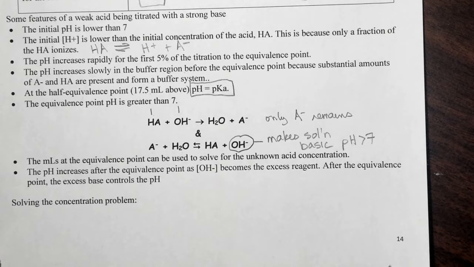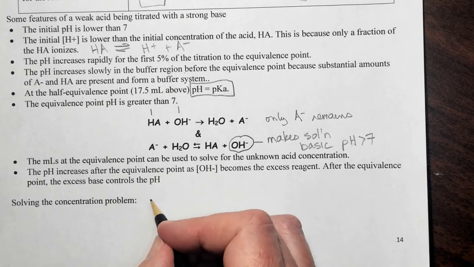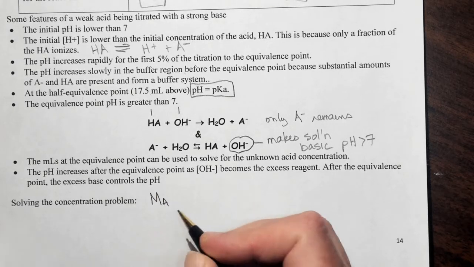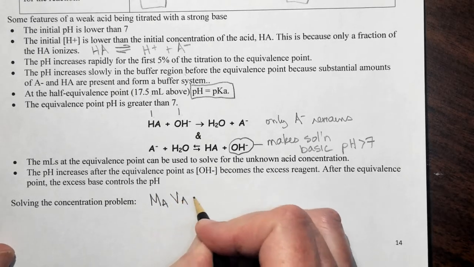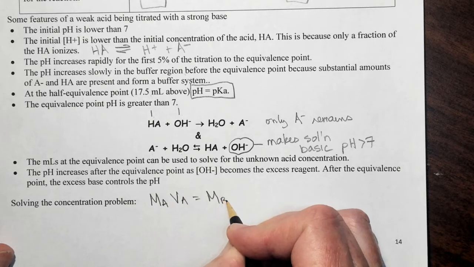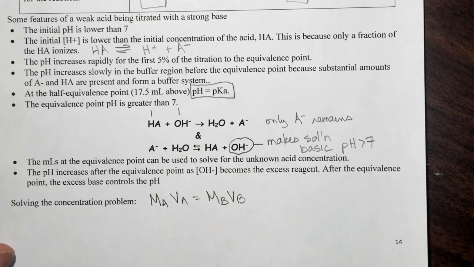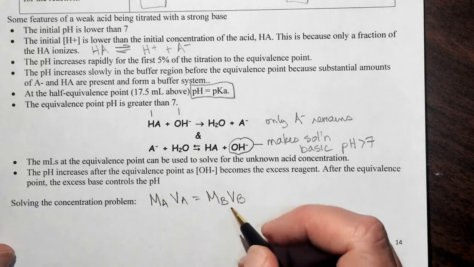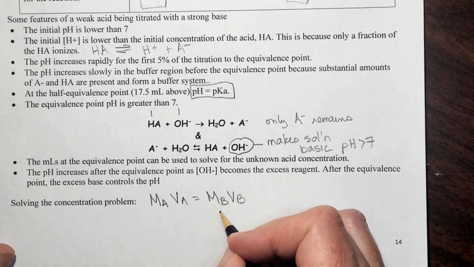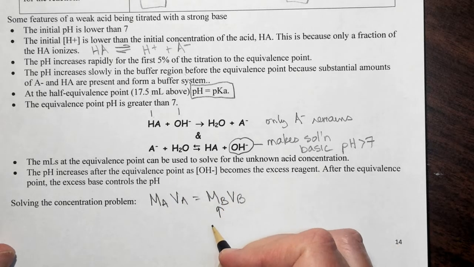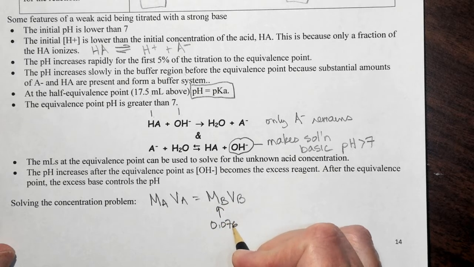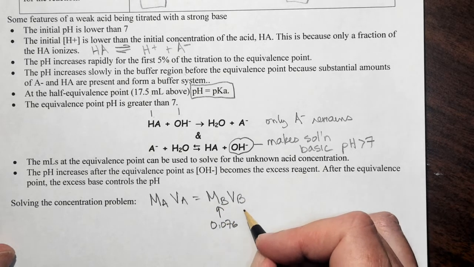So let's solve the concentration problem. We had MaVa equals MbVb. And you're going to have to trust me on this. The molarity of our base was 0.076. That was in the page above.